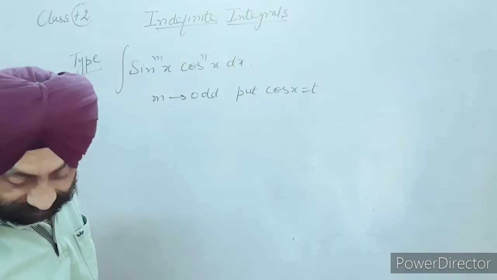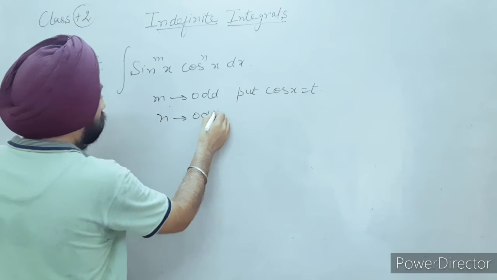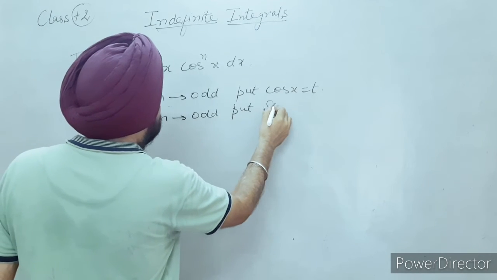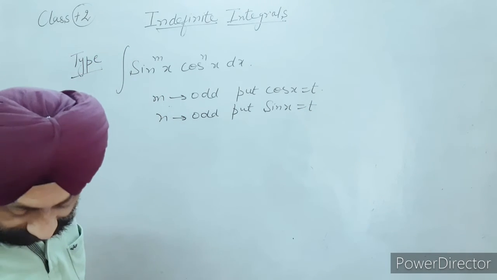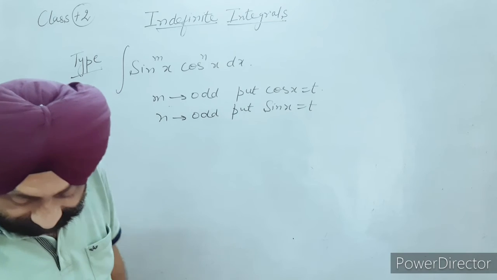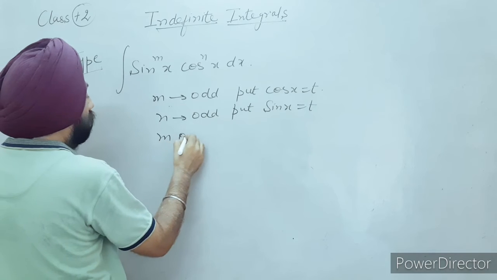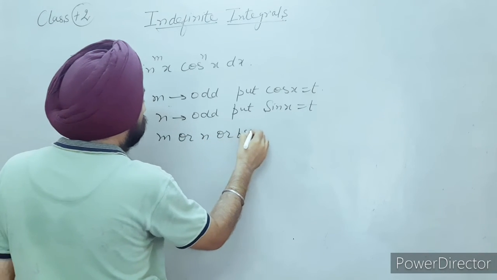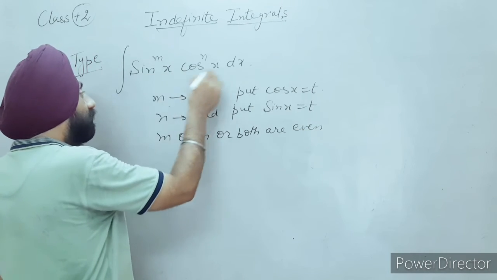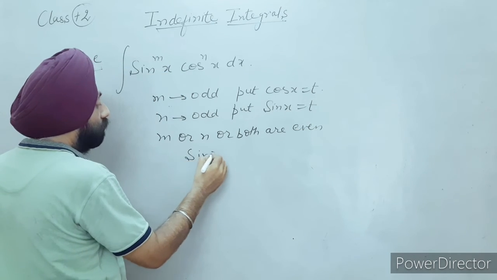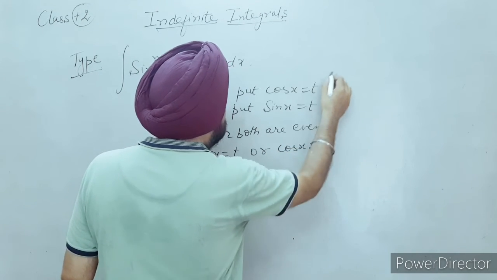Next, if the exponent of cos x, that is n, is odd, then put sin x equal to t. And if m or n or both are even, then we can substitute any one of them, either sin x equals to t or cos x equals to t.